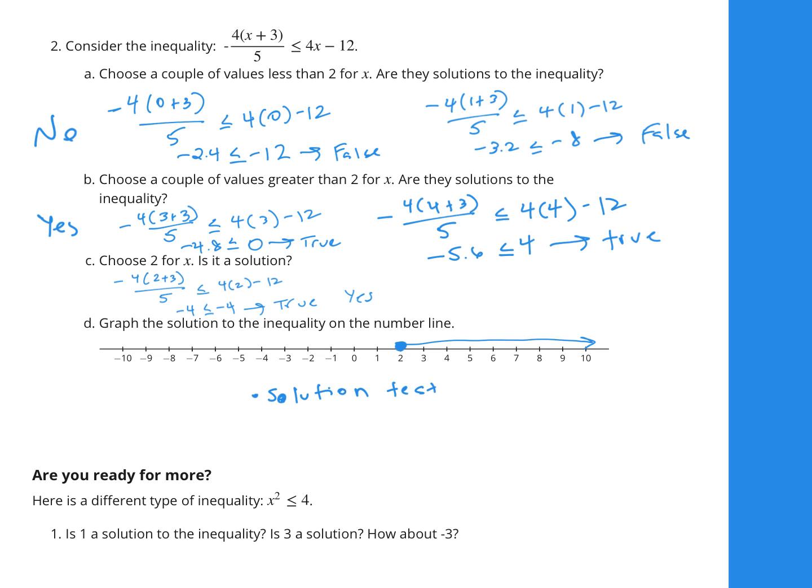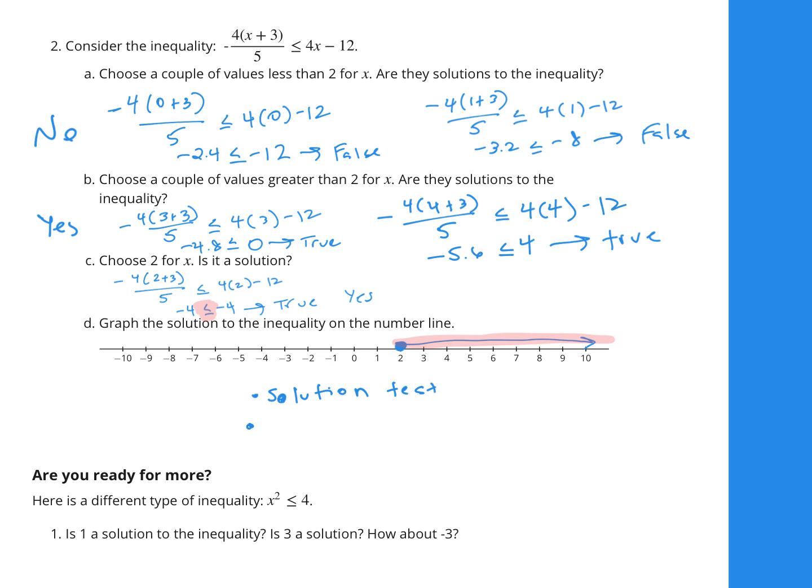Don't just base it off which way the arrow is going, because you can see here our arrow for this one was technically pointing to the left, but we drew to the right. So it's not going to be just the direction in which the arrow is pointing. You have to think about where the solution set falls. So doing that solution test will help you.